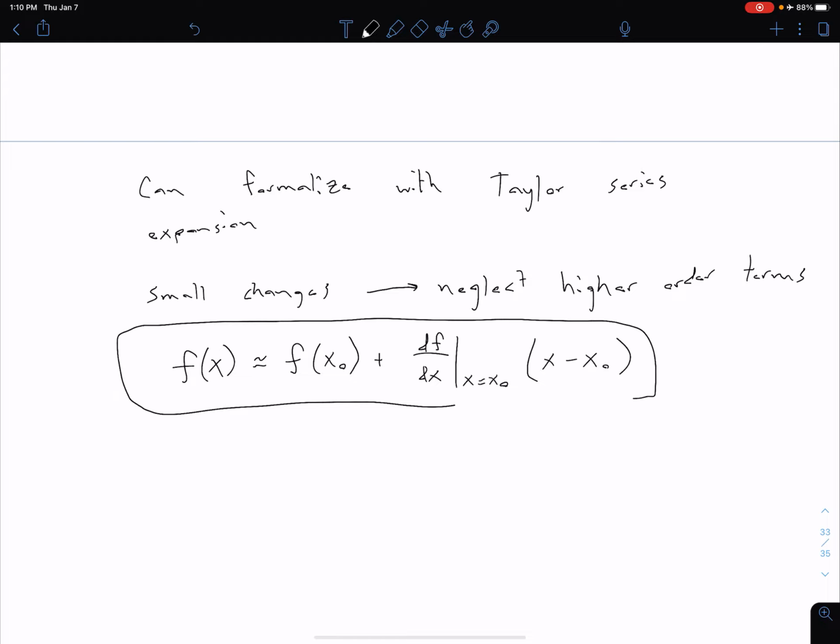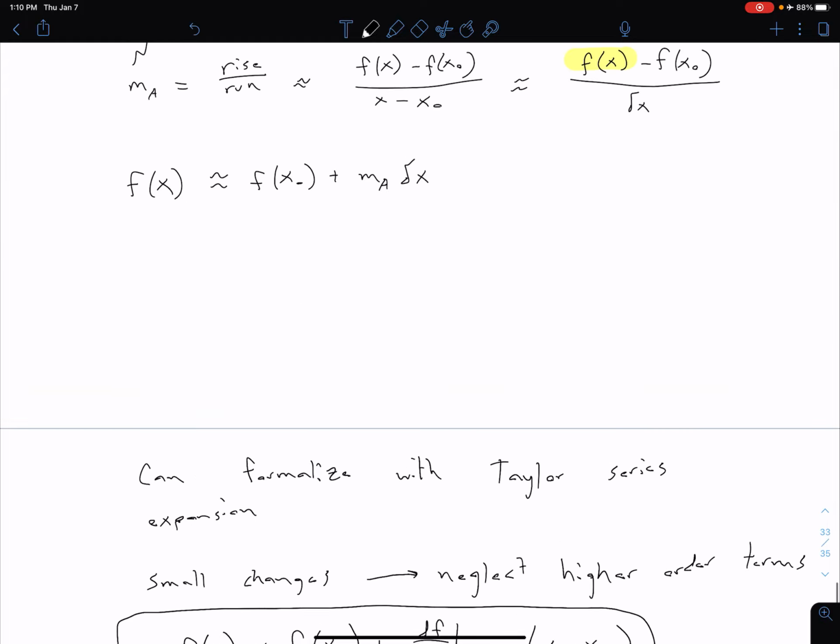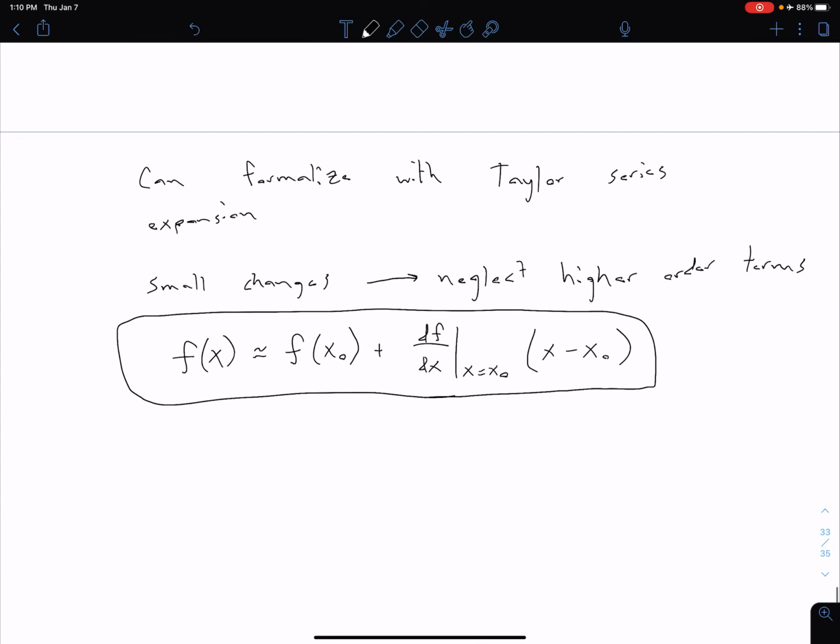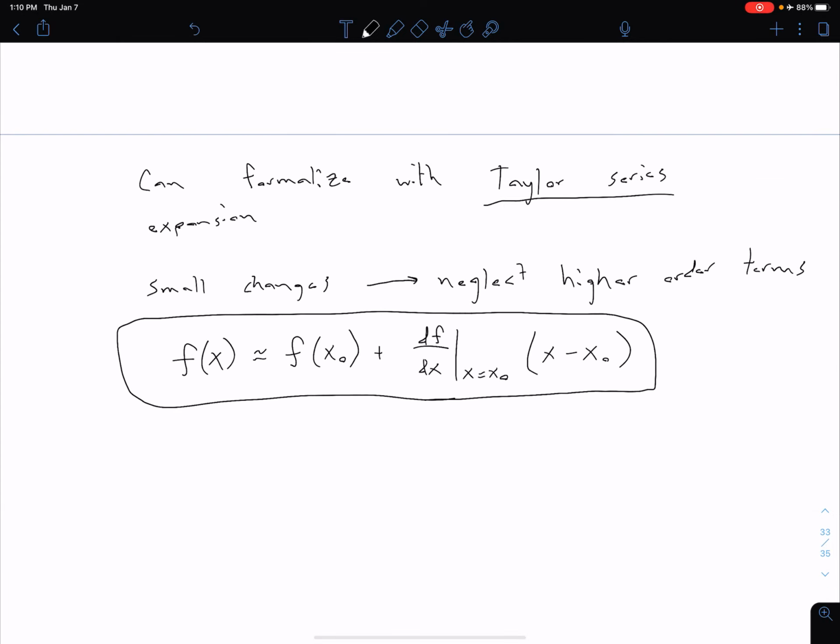Ultimately this is the same thing that we came to with our loose definition graphically, but here it's stated a little more formally with our Taylor series. In the next video, we're going to look at how we can take a nonlinear mathematical equation and linearize it around a certain point.